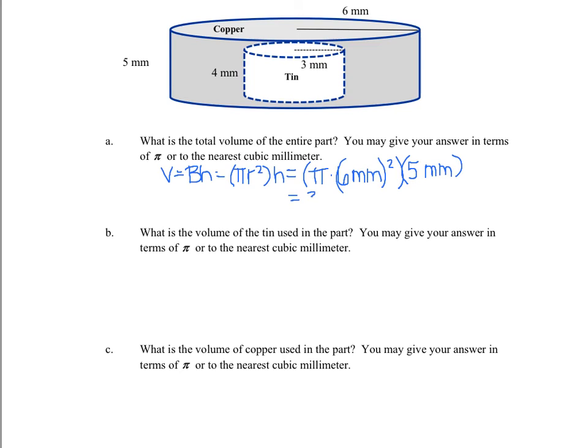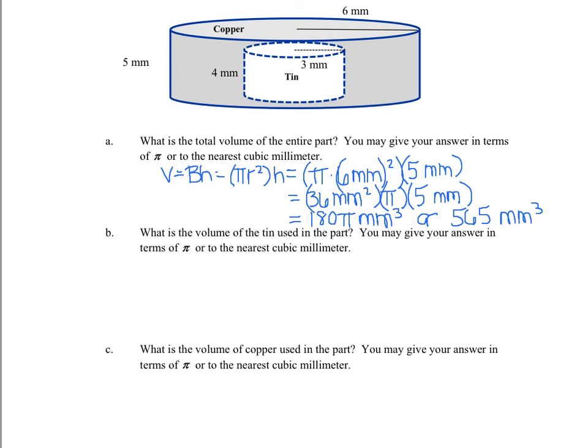This is going to be equal to 36 millimeters squared times pi times 5 millimeters, which is going to give me 180 pi millimeters cubed. I can also say that this is 565 millimeters cubed, as I needed to round to the nearest cubic millimeter.